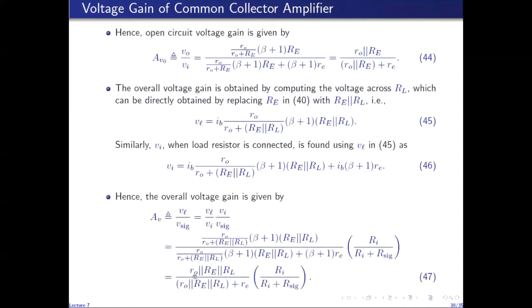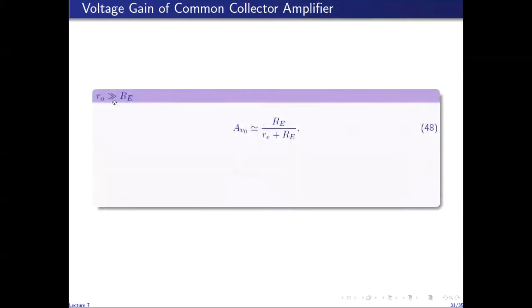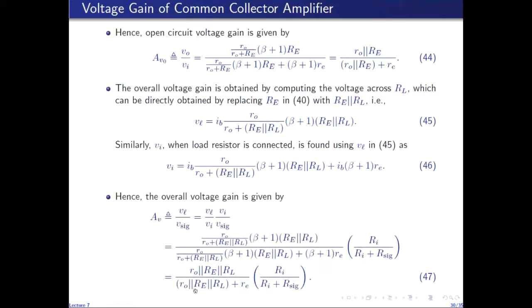Similarly, I can make use of this assumption for finding out the approximate expression for AV. So if small R0 is much greater than capital RE, then it is definitely much greater than capital RE in parallel with capital RL, because this parallel combination is smaller than RE. So this factor becomes equal to capital RE in parallel with capital RL, because R0 is much greater than this parallel combination.